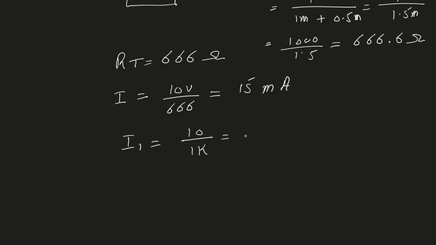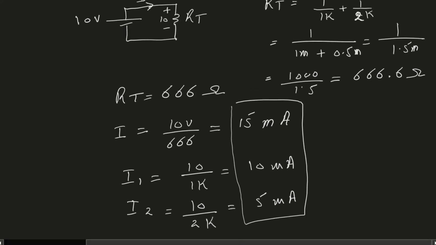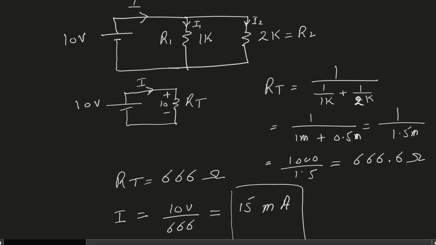So 10 divided by a kilo is 10 milliampere. All right. And I2 is the supply voltage divided by the second resistor R2, which is 2 kilo ohm. And this comes out to be 10 divided by 2, 5 milliampere. And now you can see that the sum of these two currents, 10 plus 5, is equal to 15 milliampere, which is from the supply.